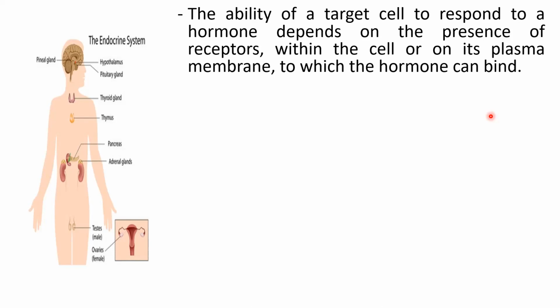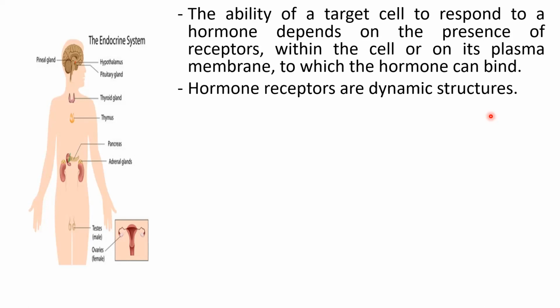So these hormones secreted by the thyroid gland play an important role in maintaining the metabolic activities of our body at the cellular level. In this way, these hormones bind to receptors within the cell or on its plasma membrane to which the hormone can bind. Then, hormone receptors are dynamic structures.